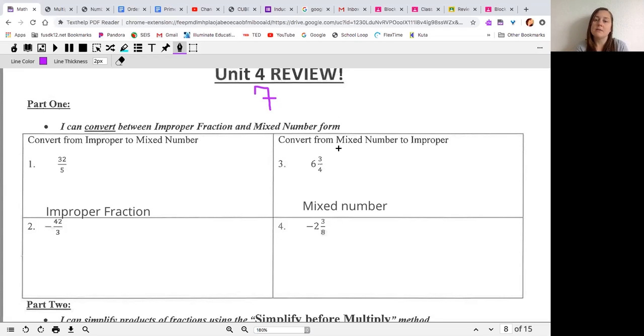I feel like the right side of this page is simpler for us, and sometimes the left side can be a little tricky. So the bigger number is on top, the denominator is smaller. That's how I know it's an improper fraction.